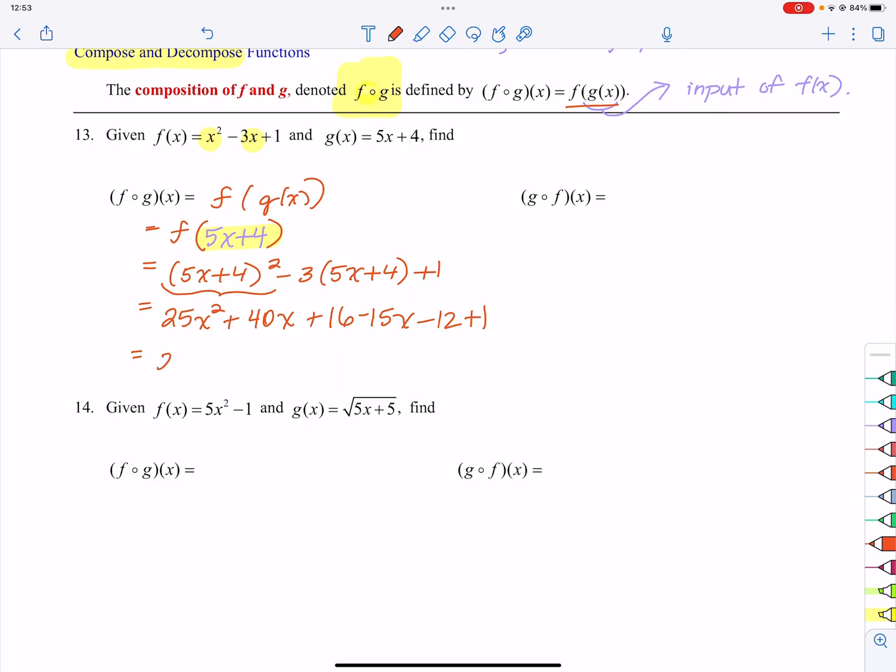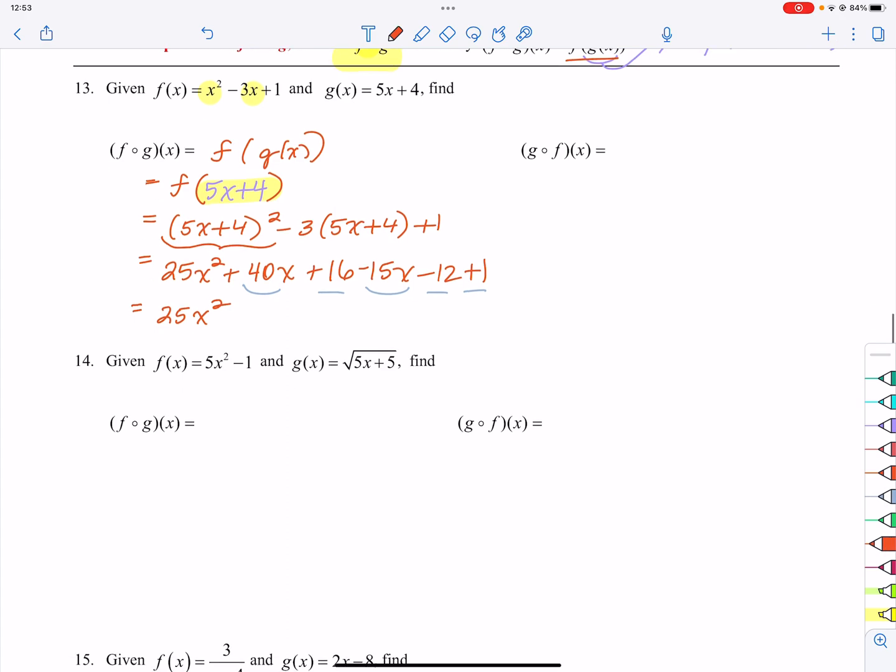And that will simplify: 25x squared, and here are our x terms, and here are our constants. So we have 25x, and then 16 minus 12 plus 1 is 5.